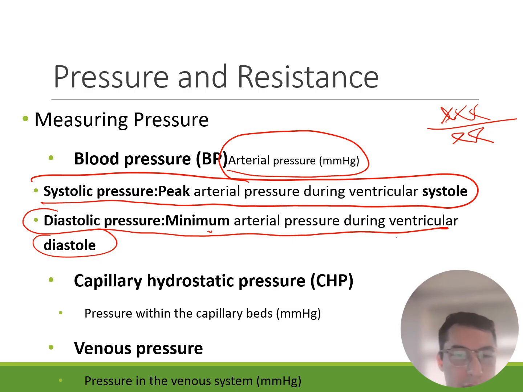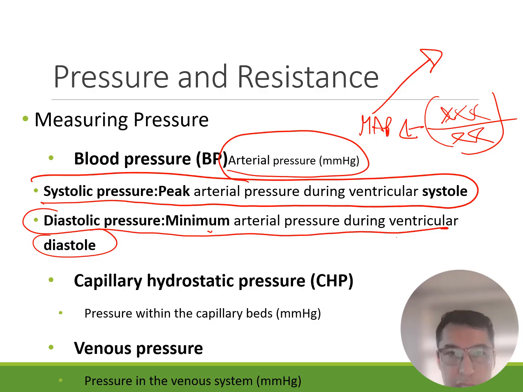How is this important? Because as we are pushing more blood, as we increase that pressure, if we were to combine it, we will get a mean arterial pressure. So let's just use this for a second. The mean arterial pressure is what we use to calculate how much of that blood we're pressurizing against capillaries, because we want to filter it out.